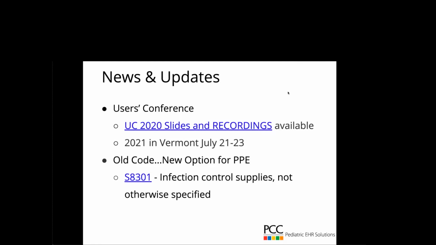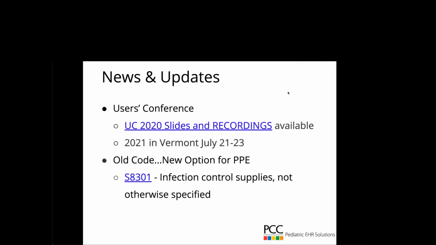That second blue link there for S8301 is not an update as such, but it is news. There has been some information shared among and around clients recently that some pediatricians are being paid for PPE.